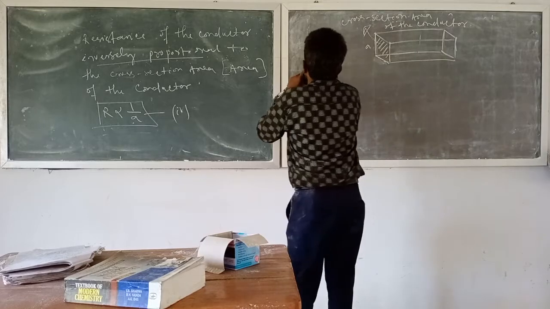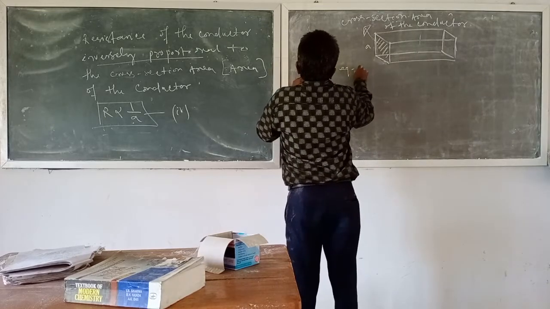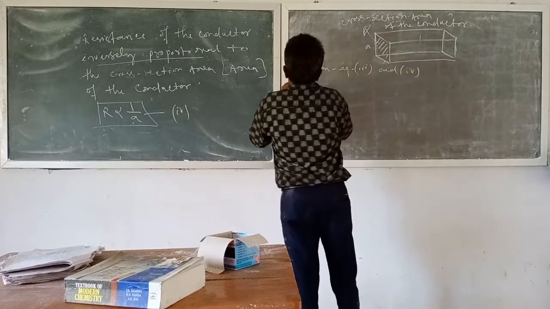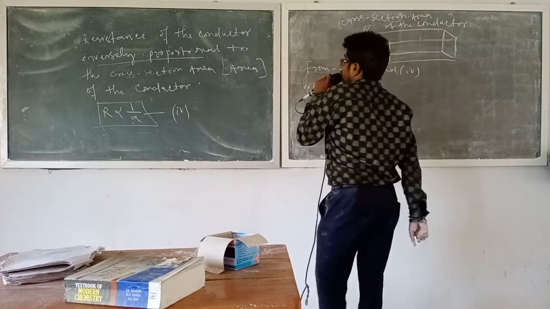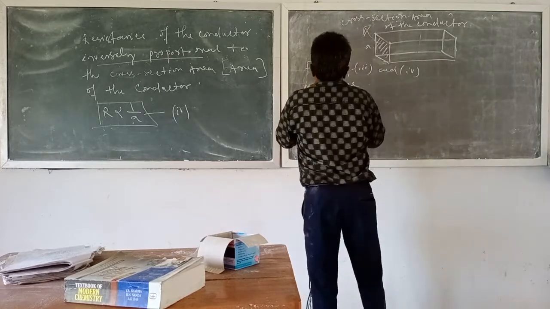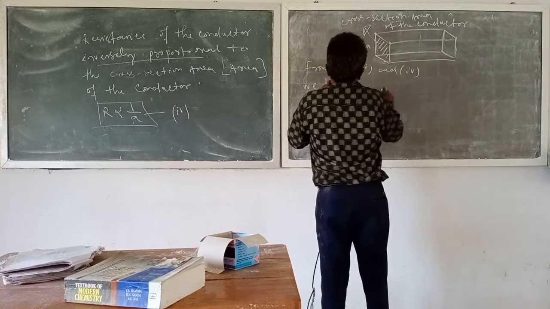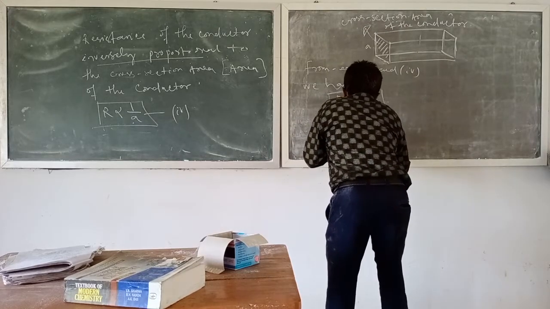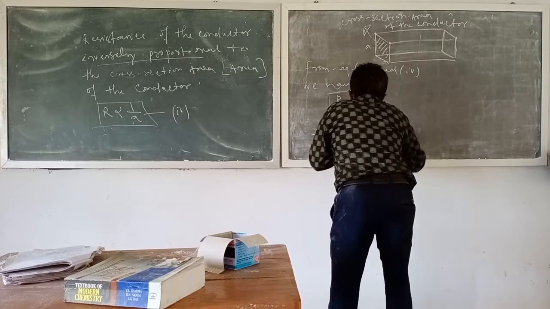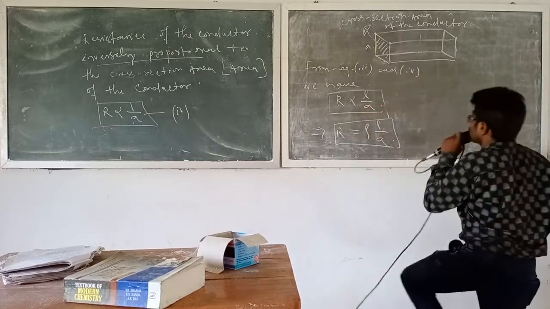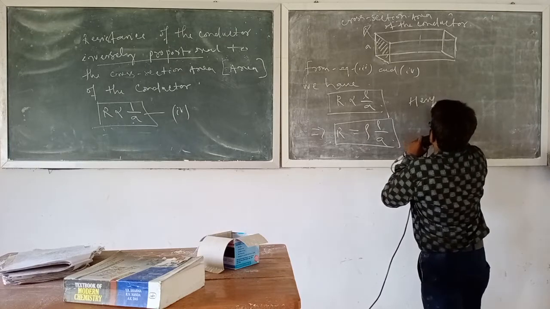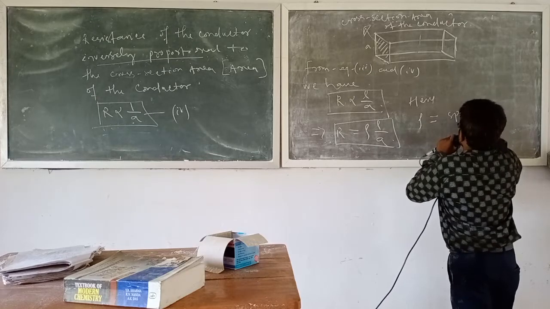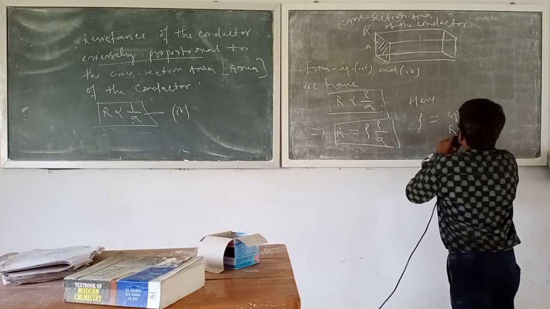So from equation 3 and 4, we have R proportional to L by A. That implies R equal to rho L by A. Here rho equal to specific resistance.